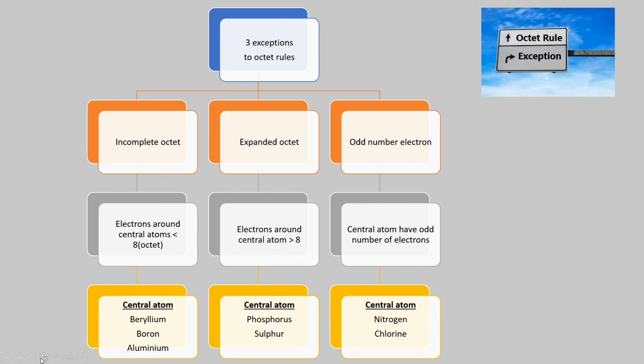Okay, I mean fair enough. So, okay, just remember this element. Dia ada 8. So, 3 for incomplete, 3 expanded, and 2 for odd number. That this element, kalau you buat Lewis structure, it will not get octet.